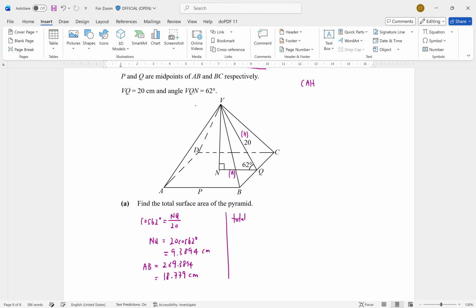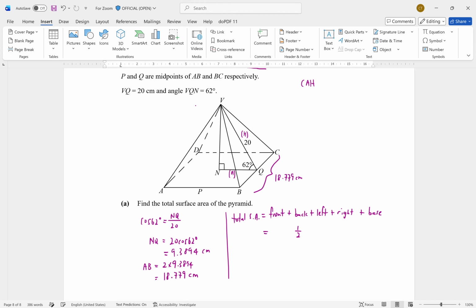It will be the front plus the back plus the left lateral surface plus the right, then plus the base. The front, back, left, and right are all the same triangles, so they have the same area. The area of one triangle will be half times the base.